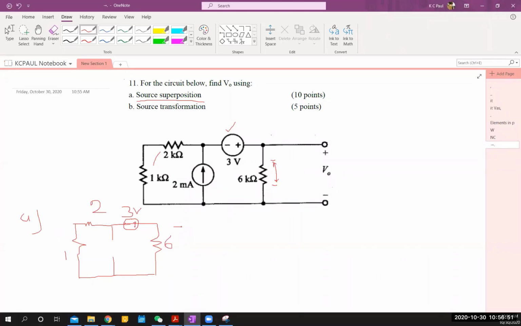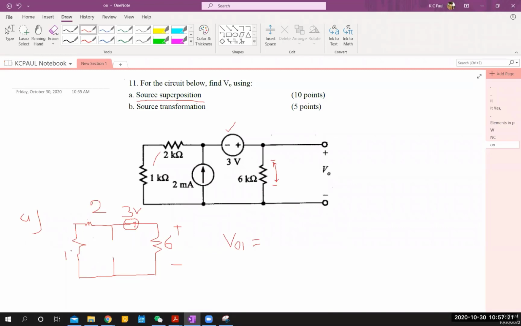Now you have to find the voltage across these two terminals. We are calling this VO1. VO1 is how much? So 3, 2, and 1. All elements are connected in series, right? So if they are connected in series, how much voltage is across this 6?